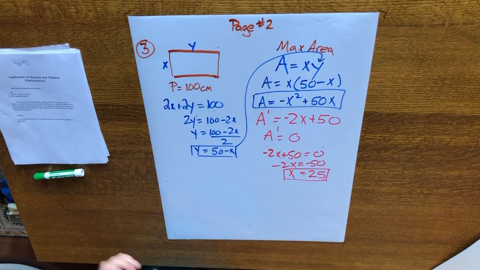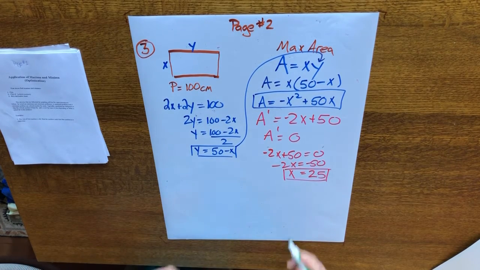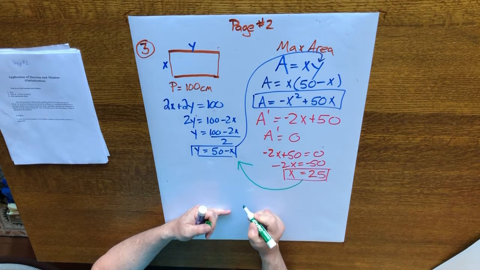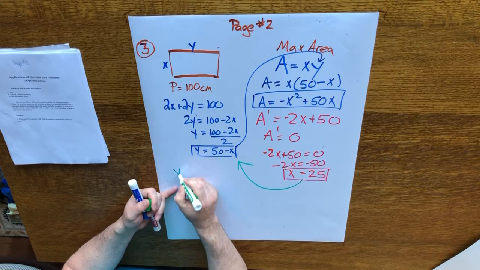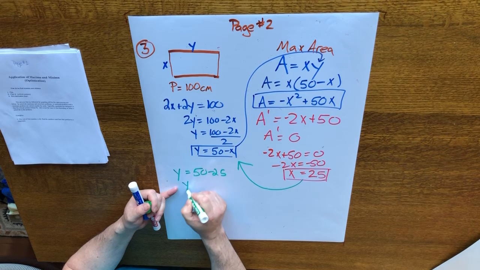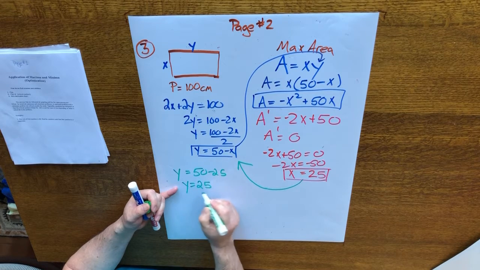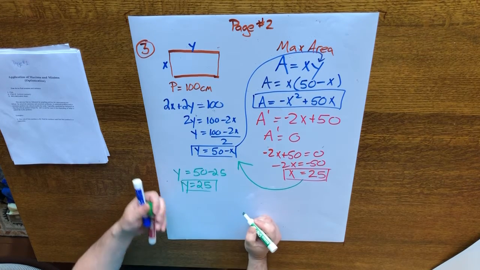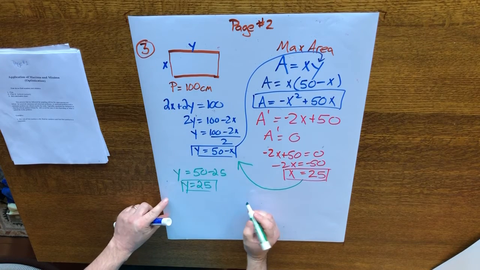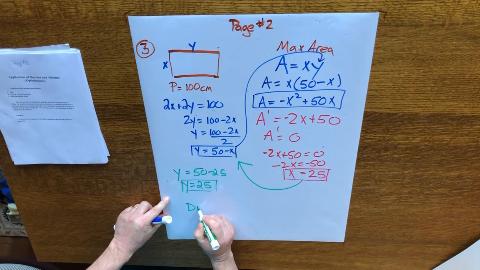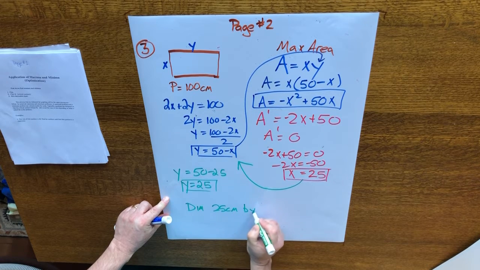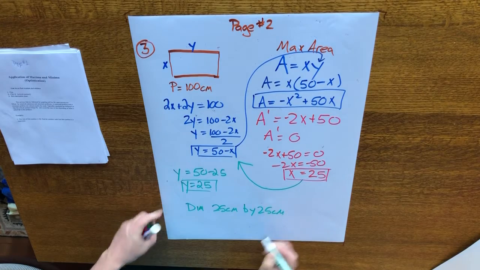To finish off this question, you want to substitute x equals 25 right back into here. So y equals 50 minus 25, y also equals 25. And as maybe you expected, in order to maximize the area of the rectangle, you make it into a square. So conclude by saying your dimensions should be 25 centimeters by 25 centimeters.